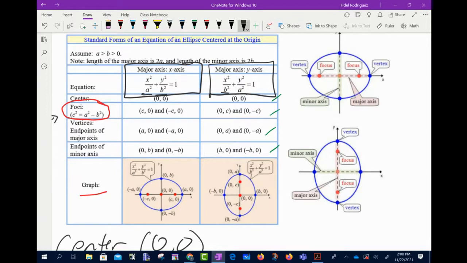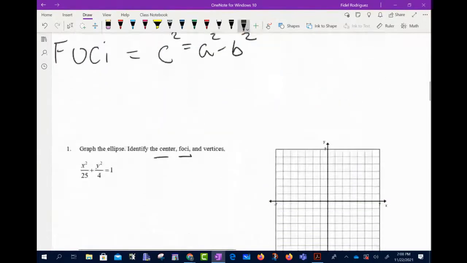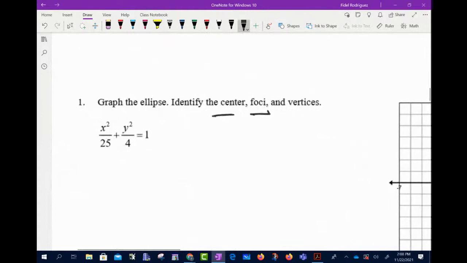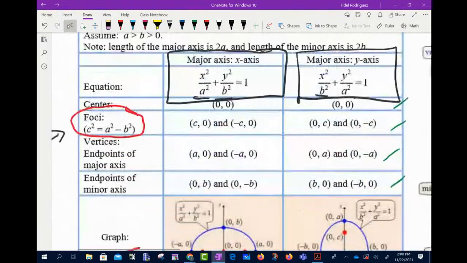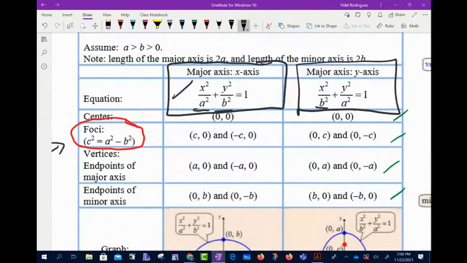Number one, a and b are both positive, and we know that, right? But the number a is bigger than the number b. So I want to ask you a question. If you look down here, between the 25 and the 4, which is the bigger one? The first one, right? 25. So this is going to be more like this one here, right?